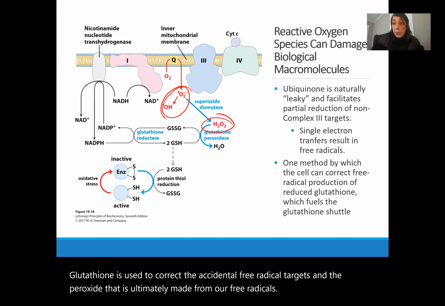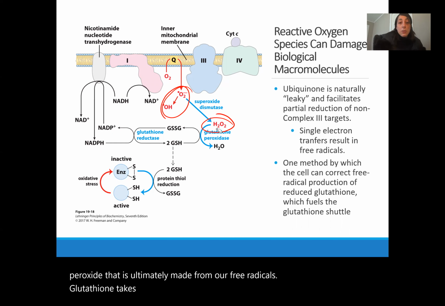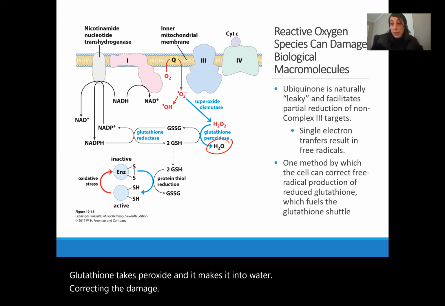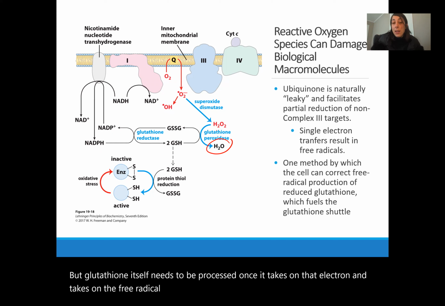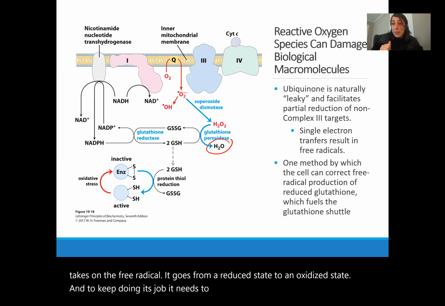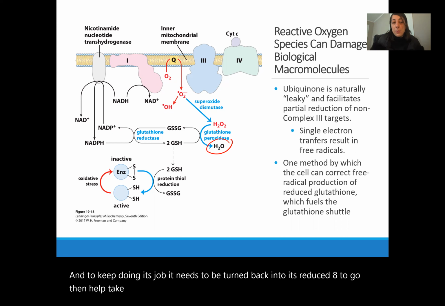Glutathione takes peroxide and makes it into water, correcting the damage. But glutathione itself needs to be processed. Once it takes on that electron and takes on the free radical, it goes from a reduced state to an oxidized state. And to keep doing its job, it needs to be turned back into its reduced state to then help take some peroxide and make it back into water.